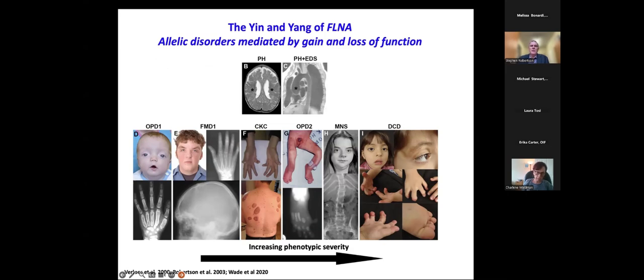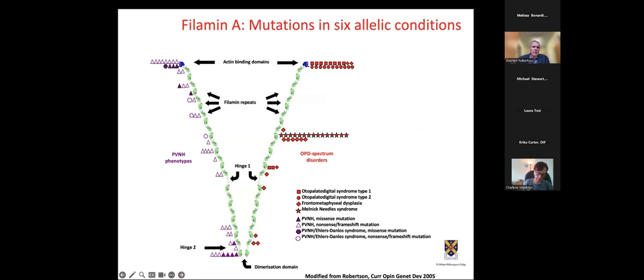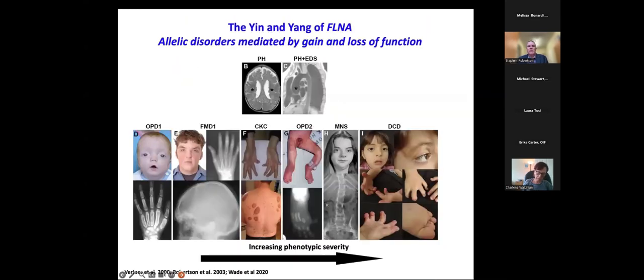But here we have this increasing phenotypic severity from left to right as we go from OPD1 all the way through to digitocutaneous dysplasia or terminal osseous dysplasia. And what I'm going to go through now in my subsequent slides is a description of these phenotypes to illustrate to you how we have a progressive array of both patterning defects and defects of the mineralization and formation of the skeleton as these phenotypes worsen in males.